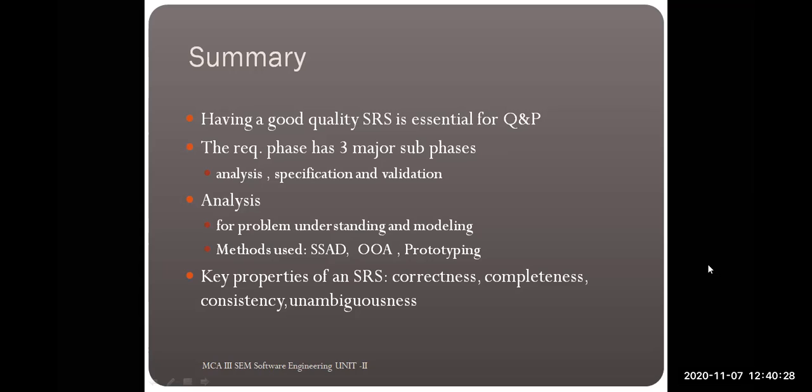Under analysis, we try to understand the problem and model it using several methods like object-oriented analysis, use cases, and DFD diagrams. The major properties related to SRS are correctness, completeness, consistency, and unambiguity, as we discussed in the previous classes. These are the key important points.